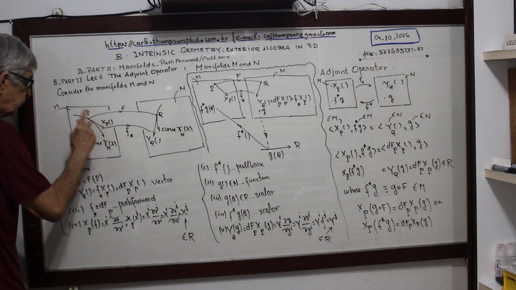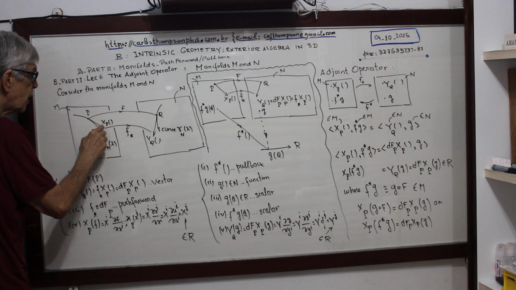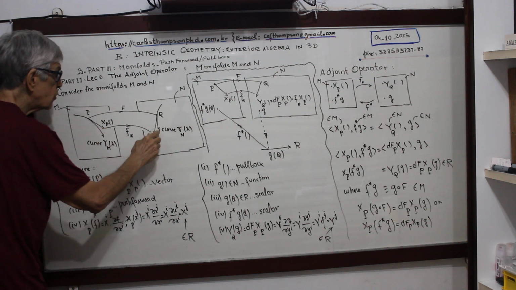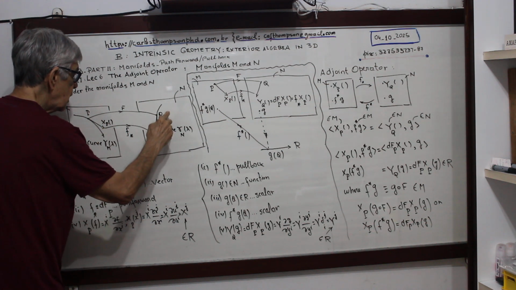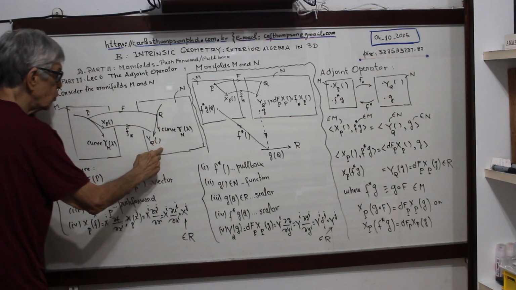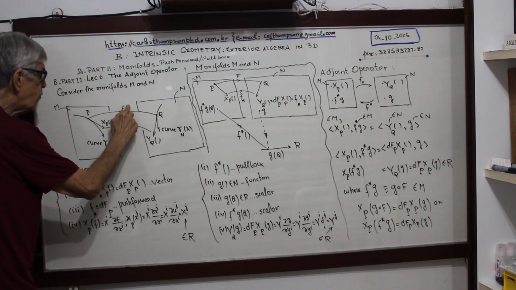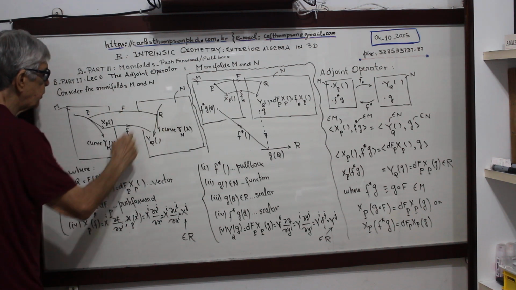This transfers the vector XP to the vector, in this case, YQ. XP maps to YQ. F maps point to point.